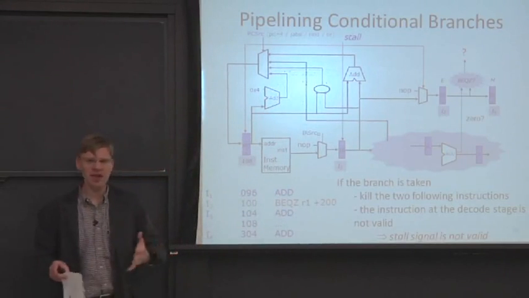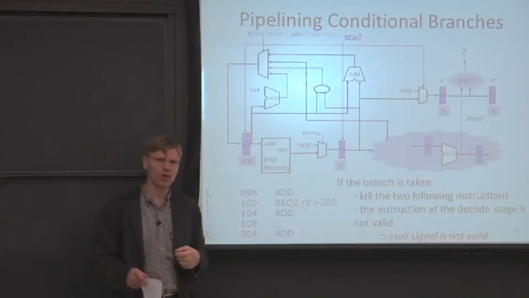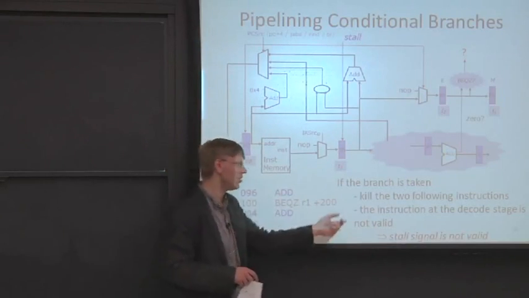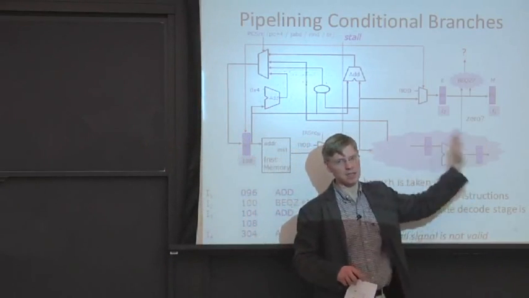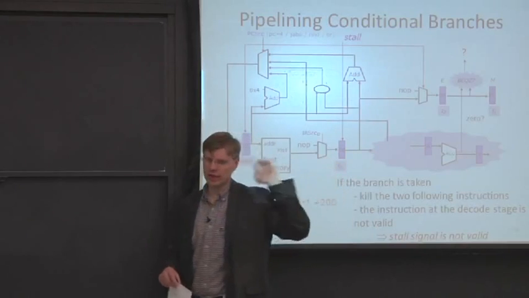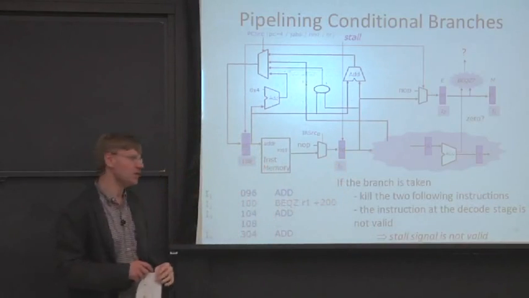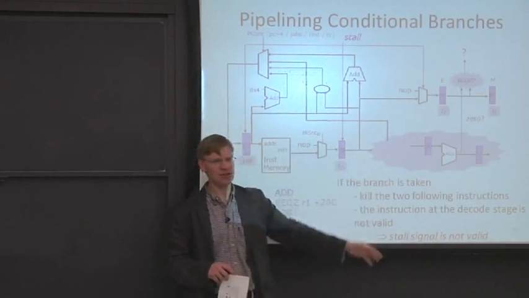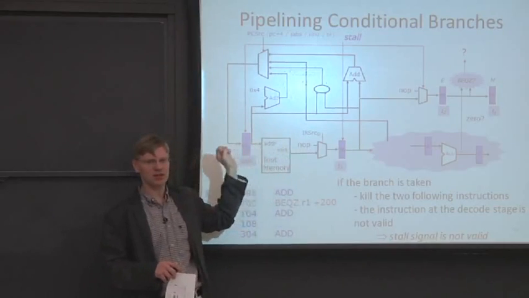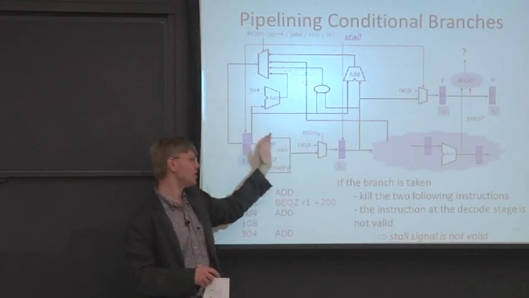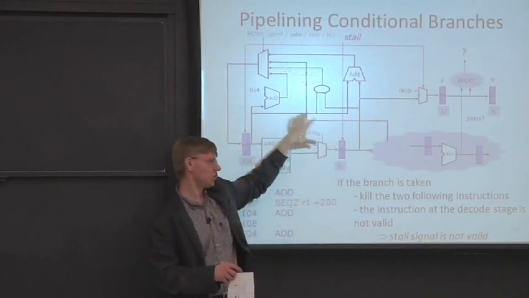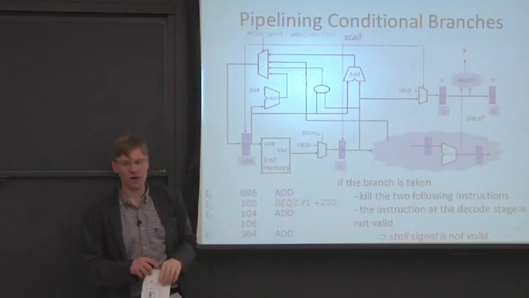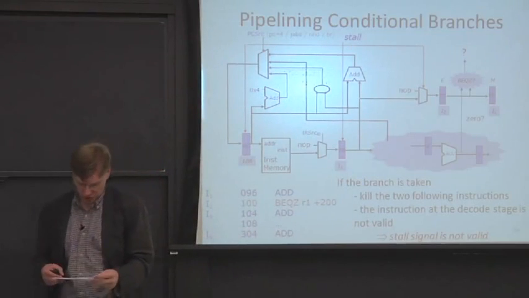So unlike the jump case where you might be able to do either way with the priority of the stall and the kill wires, here the kill has to take precedence, or the redirect has to take precedence. And that's going to redirect the front of the pipe and basically clear out everything here. And if you were to stall it, you would not be clearing it out. So instead, you need to kill, sort of turn these all into no-ops, and redirect the front of the pipe to go fetch the actual target of your conditional branch.